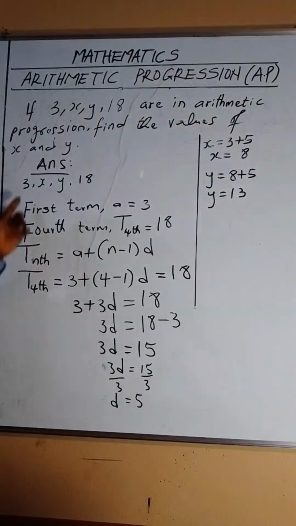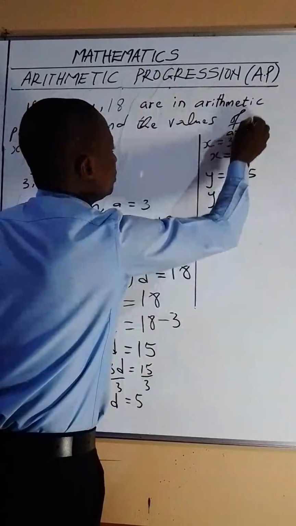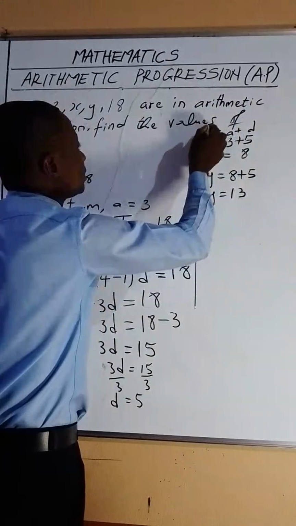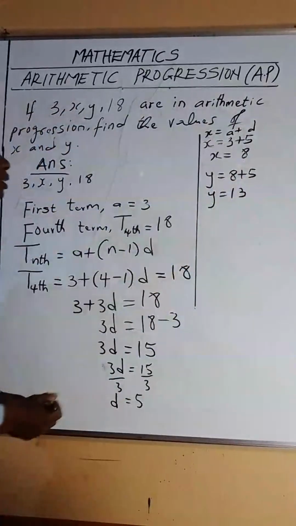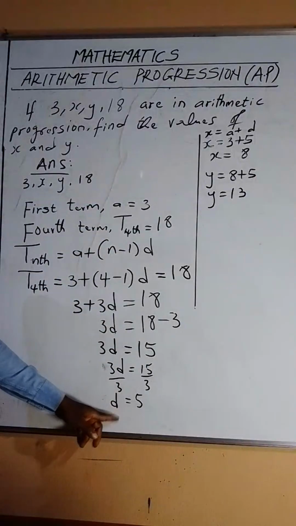Because x is the second term, right? So x is a plus d. Our a is 3 and our d is 5.